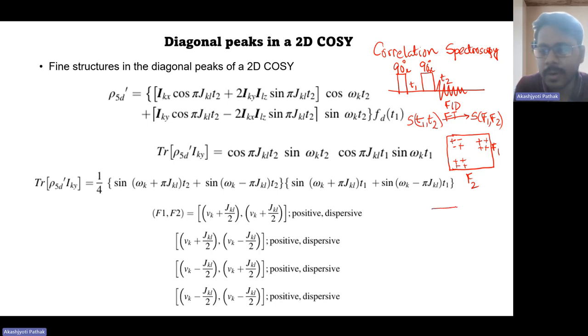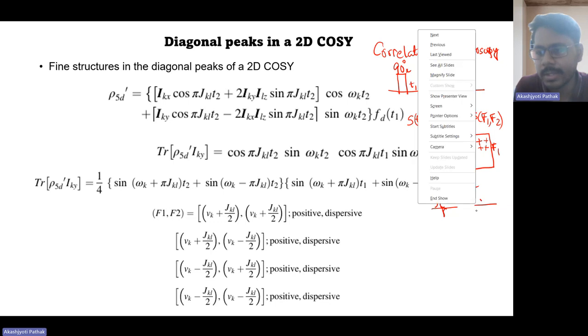Absorptive line shape means what? We will have this kind of a shape. This shape is called an absorptive line shape. Or it can be like this also. And dispersive line shape means we will have somewhat like this.